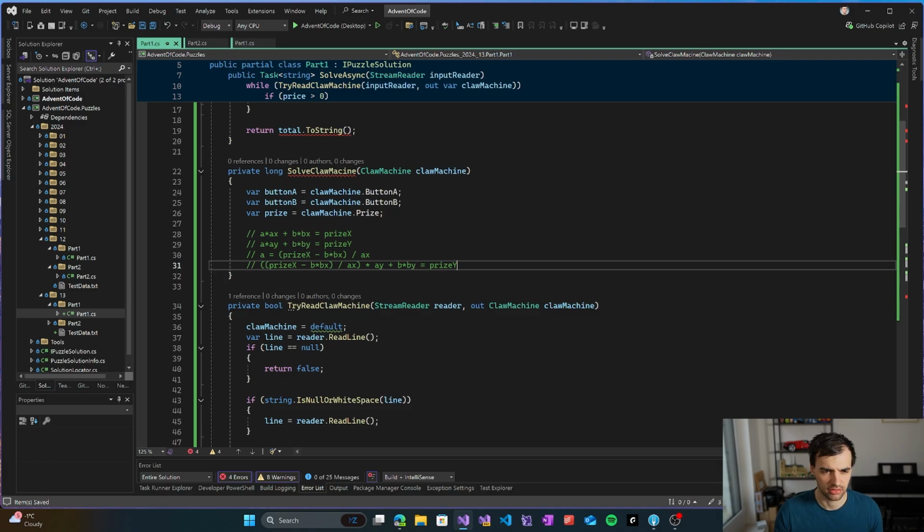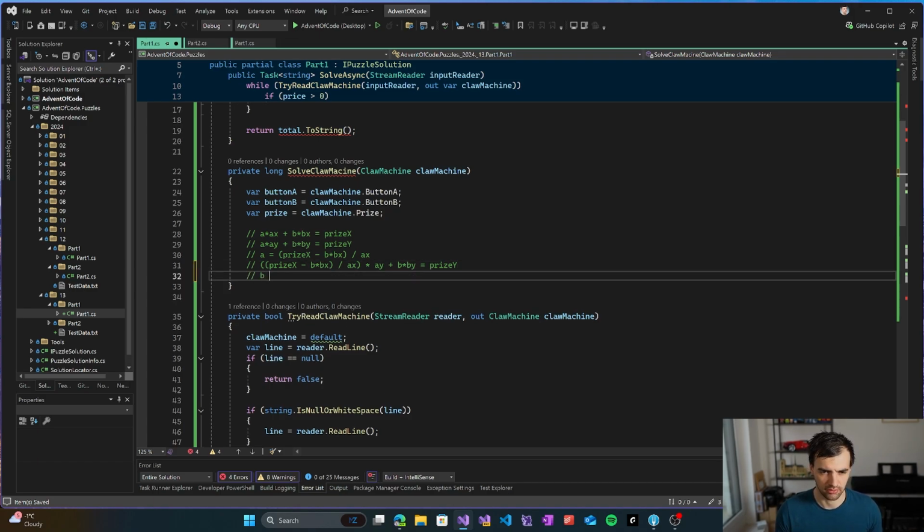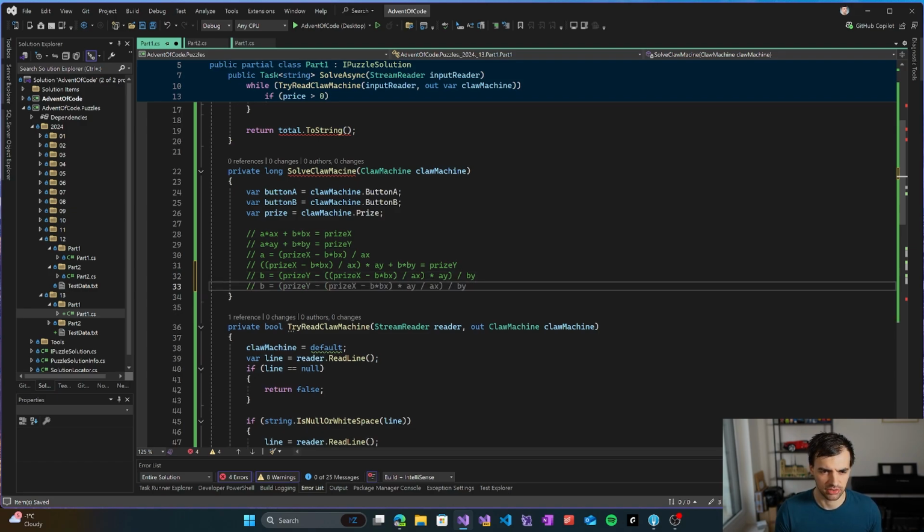So we put it there. Now the only thing that we need to figure out is the B, which is this whole thing. So price Y minus this divided by BY, and that gives us B. And once we have B, we can just put the solution here to get A as well.